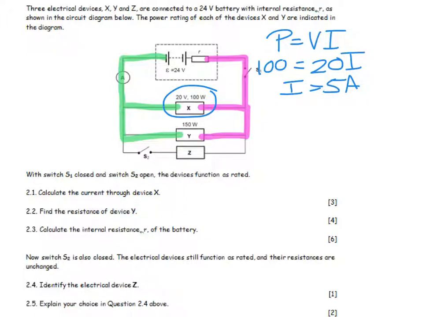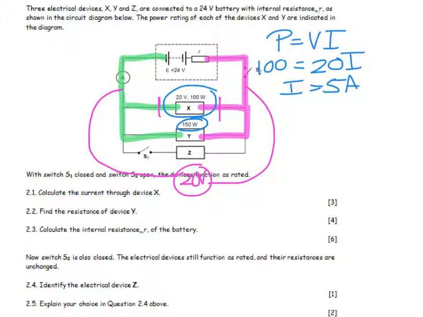The next thing they ask me is what is the resistance of device Y? I need to consider that device Y has a power of 150 watts, and I don't really have very much more information, but do I or don't I? Let's think for a second. What if I connected a voltmeter across here? That voltmeter would be between pink and green, which means this is 20 volts.